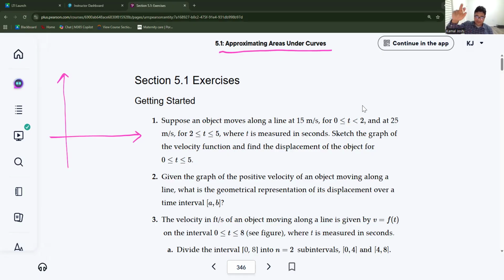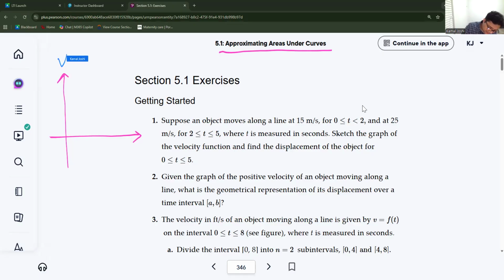The velocity represents the derivative of the distance function, and time is the independent variable. So the area under that curve will be the distance. So the antiderivative of the derivative is the original function in some sense. Okay, that is the idea, and that is what we are going to illustrate here.